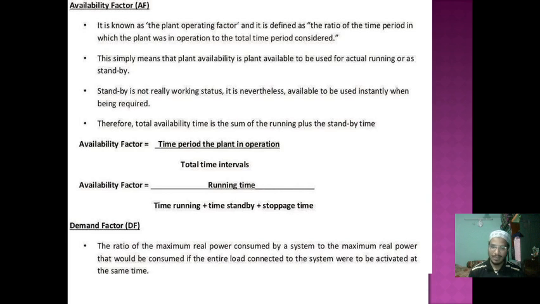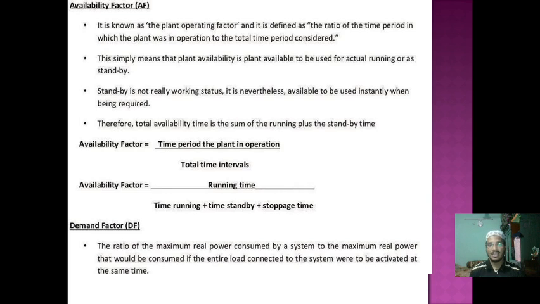and it is divided by the total time interval. Because if we are producing any power, we should know the time interval also, as per the period of producing the energy. For one to two process, or two to three processes, we should know how much time will be taken in those time intervals.